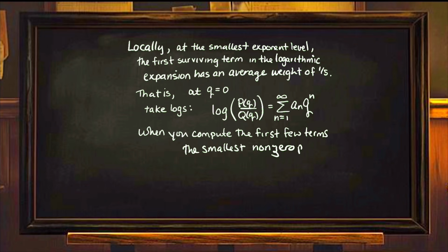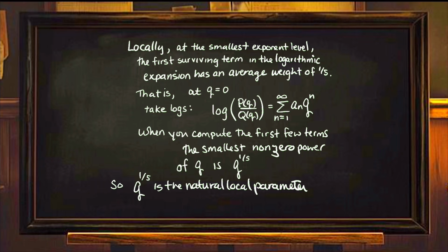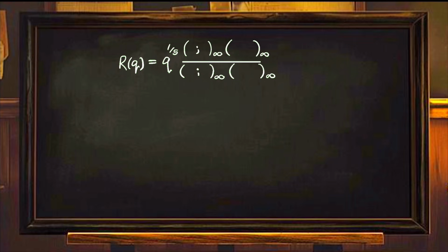And when you compute the first few terms of this power series, the smallest non-zero power of q is q to the 1/5. So this determines a natural local parameter for the ratio. This function is now both globally and locally balanced. And this is the Rogers-Ramanujan Q function. And it's literally something that Ramanujan used like a magic spell. And it's got a lot of secrets to tell.